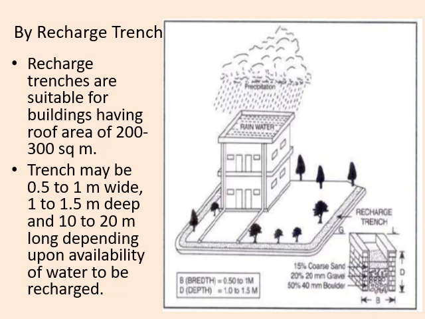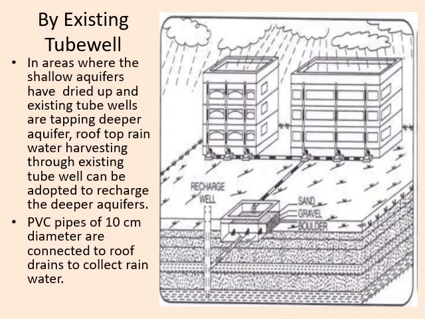As in the diagram you can see, the rainwater is collected on the rooftop, and by the downtake pipe and the horizontal conduit pipe, it is going to the recharge trench, which has already been dug at the periphery of the area of the building or house.